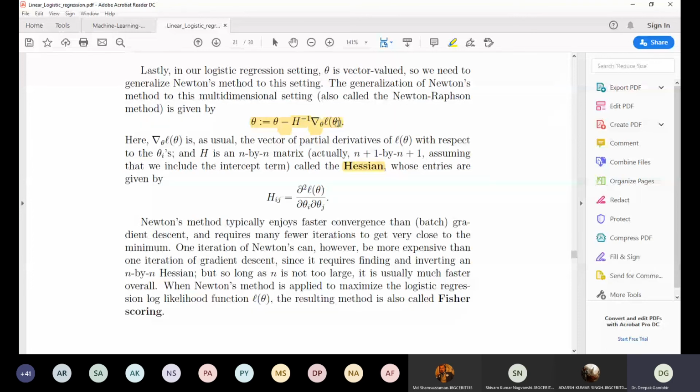We cannot solve the matrix for a large number of inputs. The Hessian matrix is the double derivative of the log likelihood function with respect to theta i and theta j, for the row of theta and the column of theta.